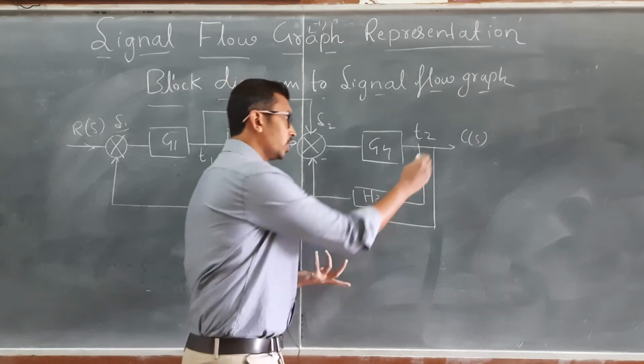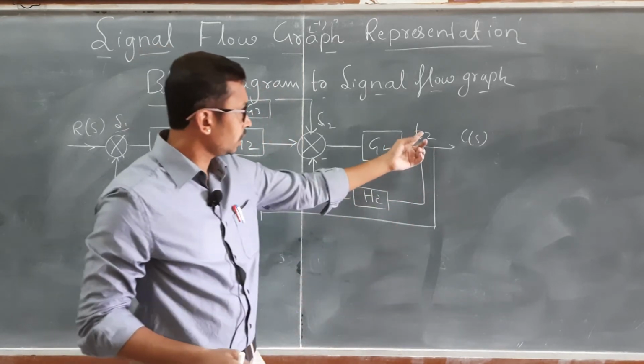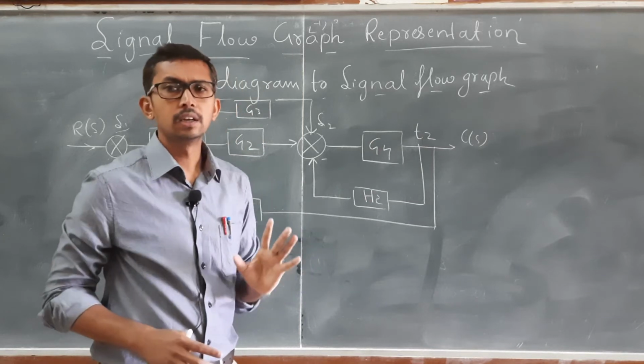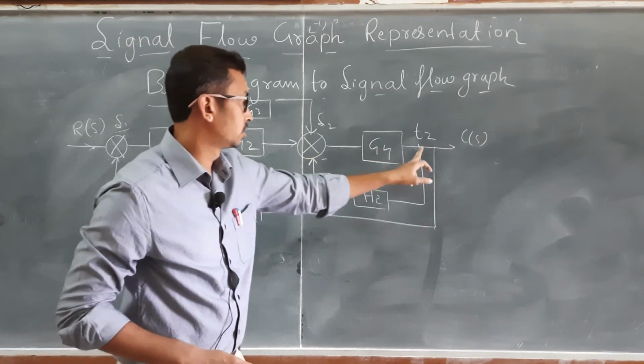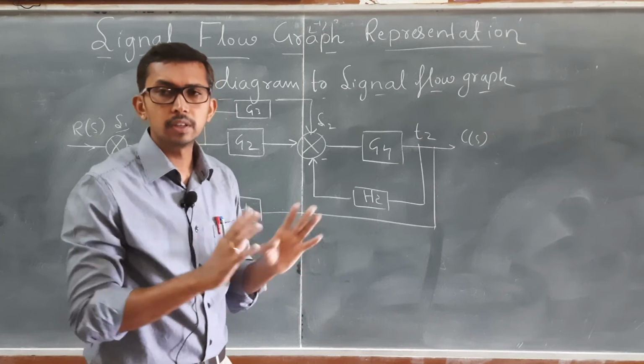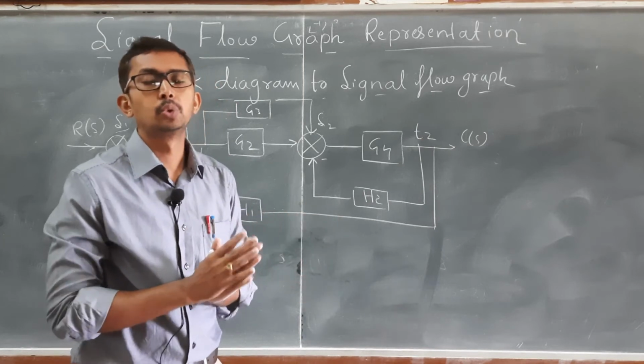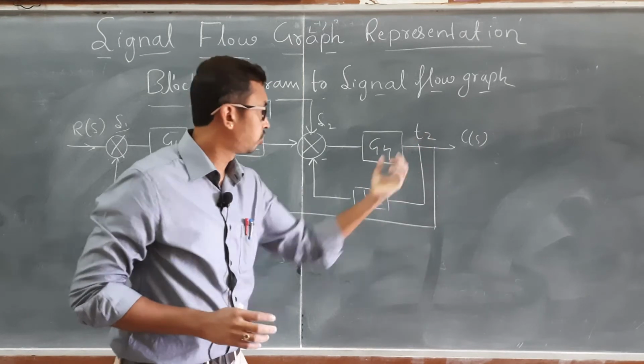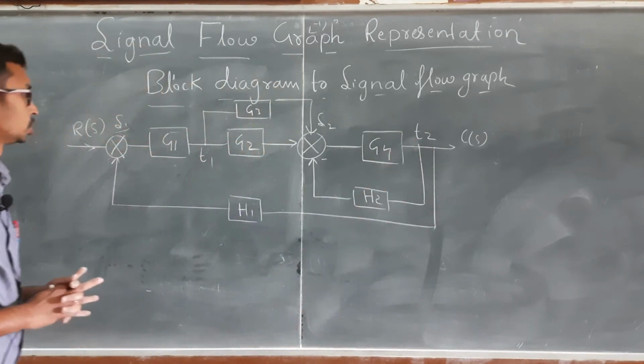Or even if we name it, no problem. Rather than that, we are going to consider this as a single takeoff point. Here there is no block between these two takeoff points, hence we consider this as takeoff point 2 for both. No issues in that.